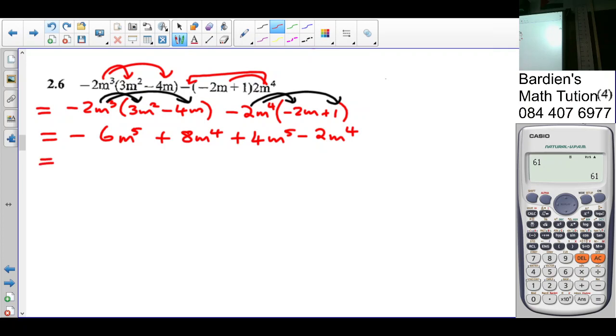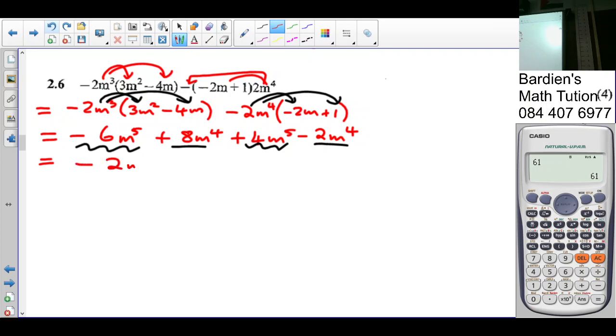Look for the like terms, not so? So negative 6m5 plus 4m5.